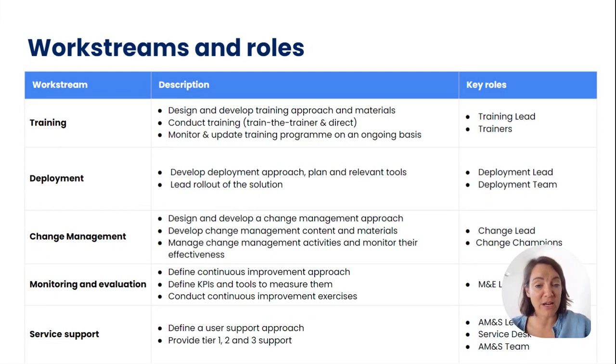That might be training the trainer, but also directly to end users. And this team will be responsible for monitoring, updating the training program on an ongoing basis. So throughout the iterative learning of the piloting, how can the training program be improved? And also, are the materials relevant for different people with different levels of digital literacy and understanding?